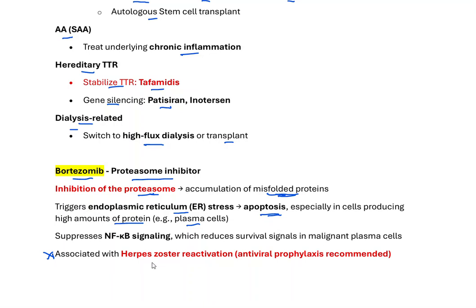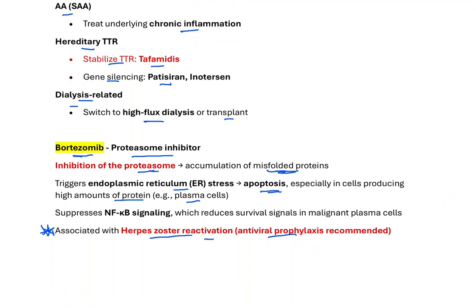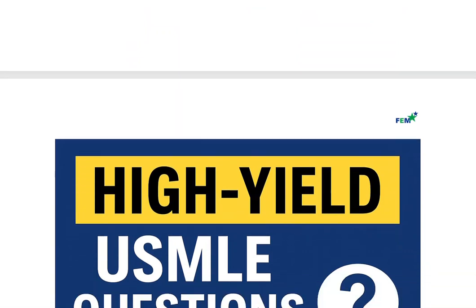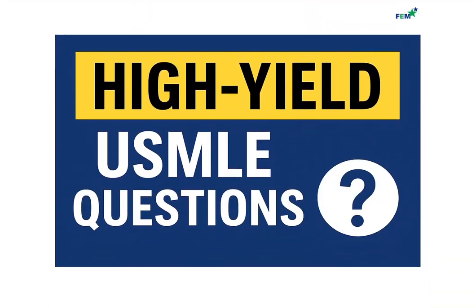This medication is associated with herpes zoster reactivation, and that's going to be a board question. In those patients, antiviral prophylaxis is recommended if they are going to take this medication.